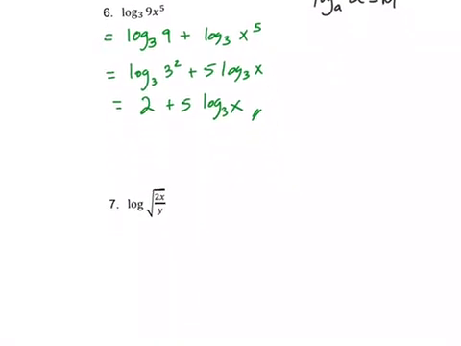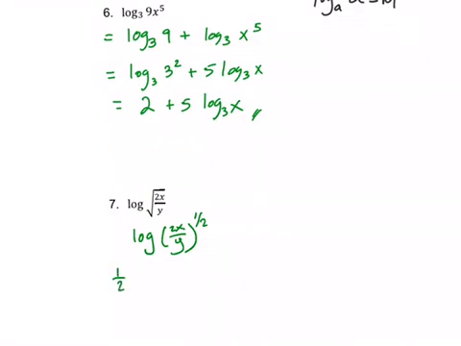And on number 7, I'm going to first take out that square root and rewrite it as a rational exponent. As you remember, this is the same as the logarithm of 2x divided by y, to the 1/2. Now I'm going to bring that 1/2 in front.